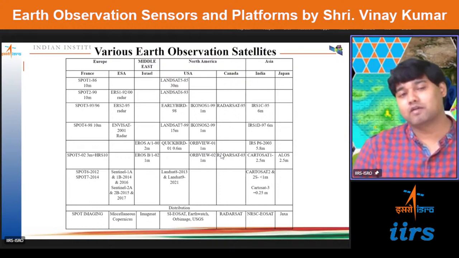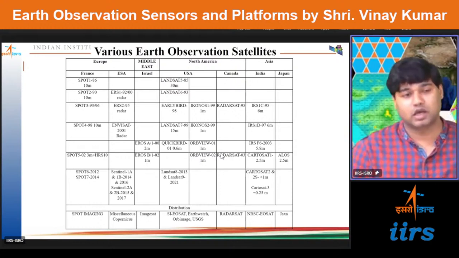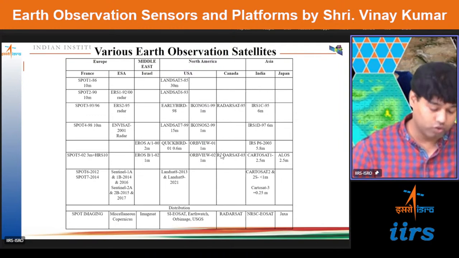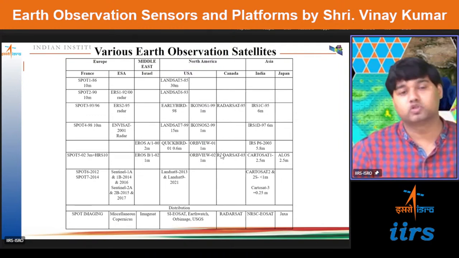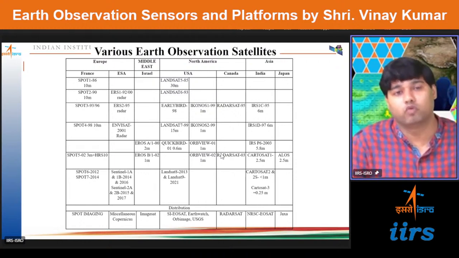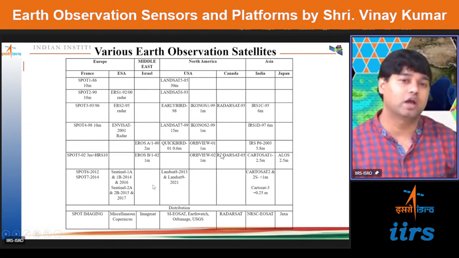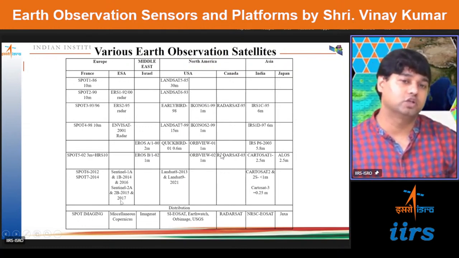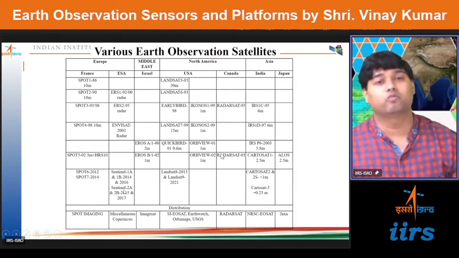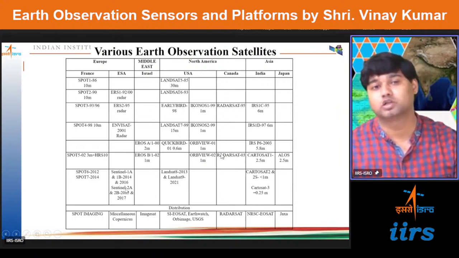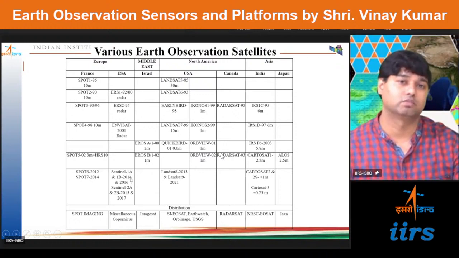Spot 6 and 7, this two-satellite constellation, was launched in 2012 and 2014 with the purpose of providing high resolution data till 2024 for the entire Earth. Then from Europe, nowadays we have Sentinel-1 and Sentinel-2, where Sentinel-1 is microwave and Sentinel-2 is optical. They provide data up to 10 meter spatial resolution, which is openly accessible.